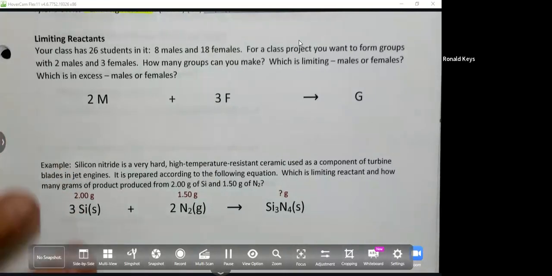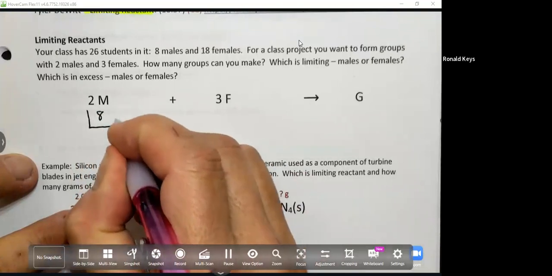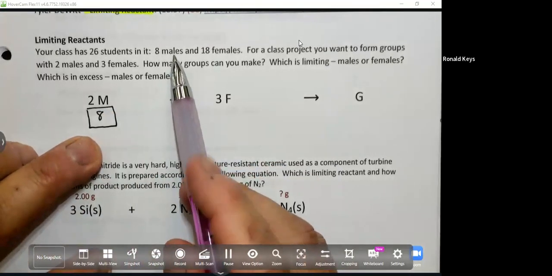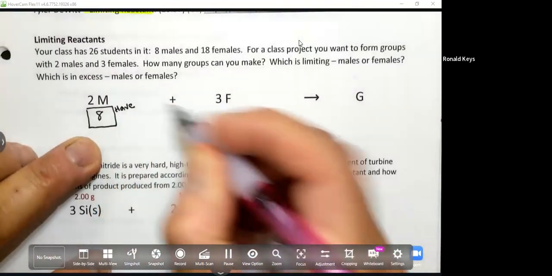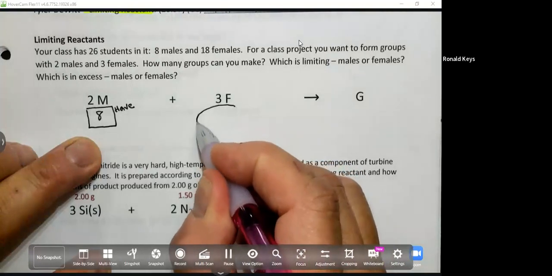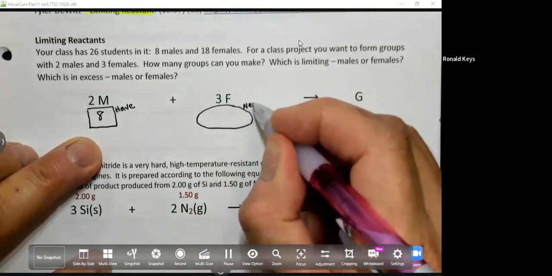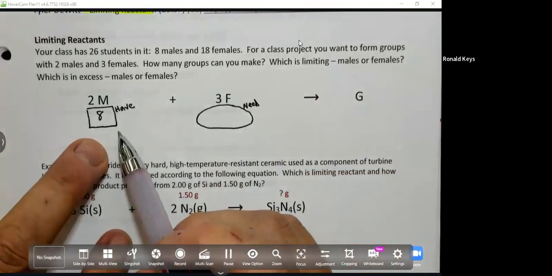Check this out. We have 8 males, agreed? Okay, this is what we have. My question to you is, using the mole ratio, how many females would you need to have all of those 8 males in a group?